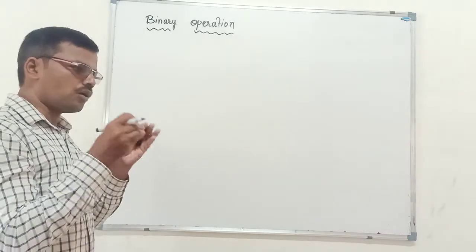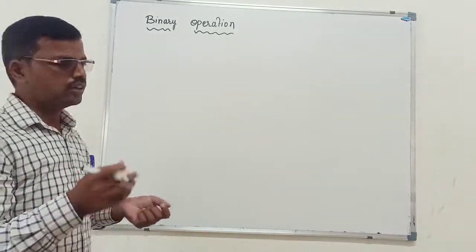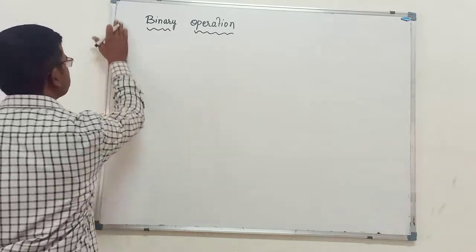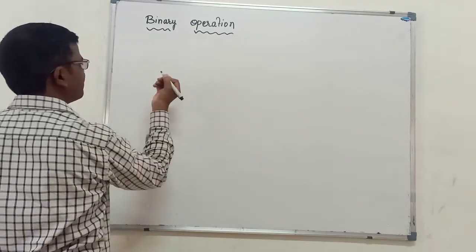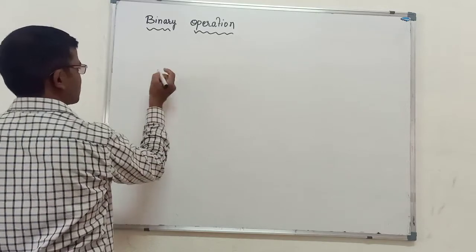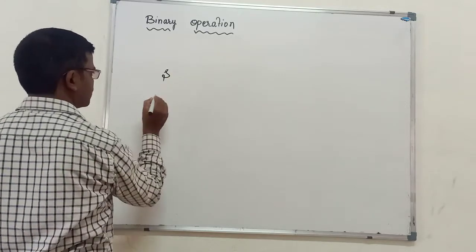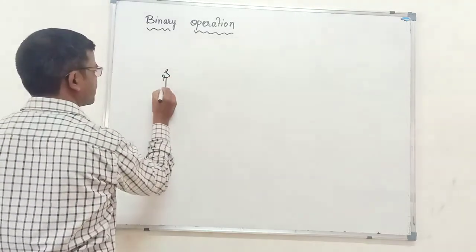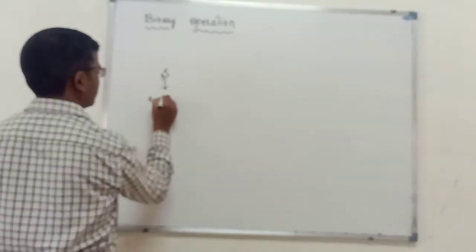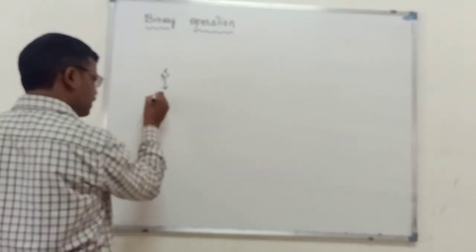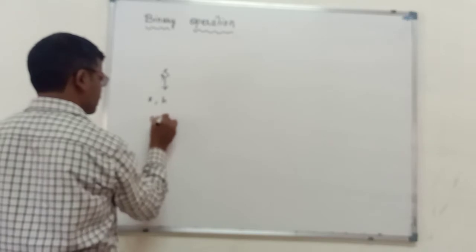When we say that the operation is a binary operation, the condition is this. Suppose we have a set S. From this set we take any two elements, a and b, and we operate these two elements, a star b.